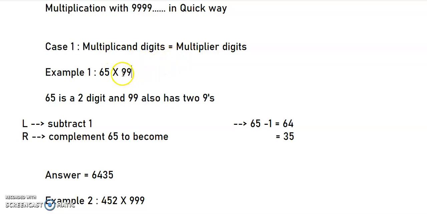That means the nines on the right side will be more compared to the left side digits. In the third case, left side digits are more and right side digits are less. Let us look into the first case and how we will solve it in a quick way. Within 5 seconds we will solve this kind of thing.